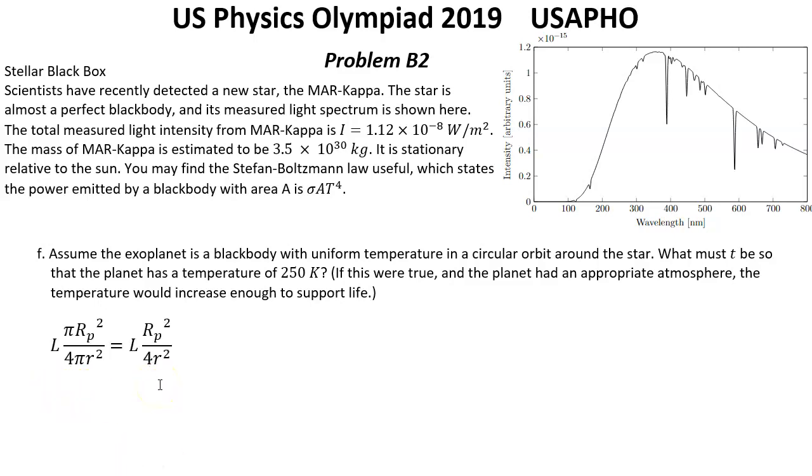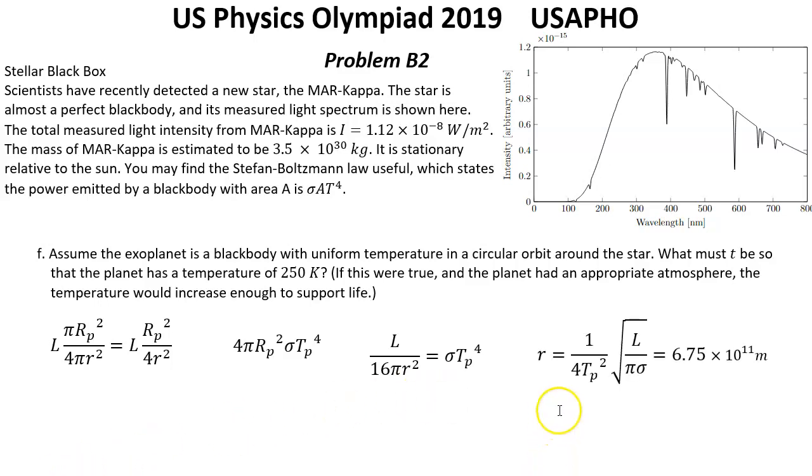On the other hand, the planet radiates the same heat with this power. Setting them equal to each other gives us this equation, from which we can find the radius of the orbit. That's this expression, which is 6.75 × 10^11 meters.